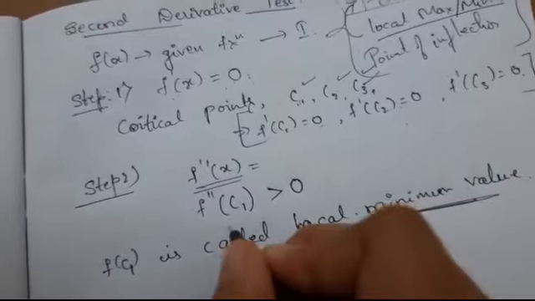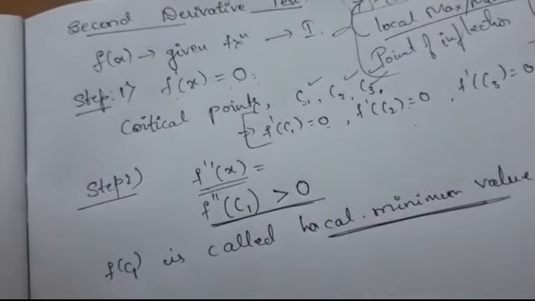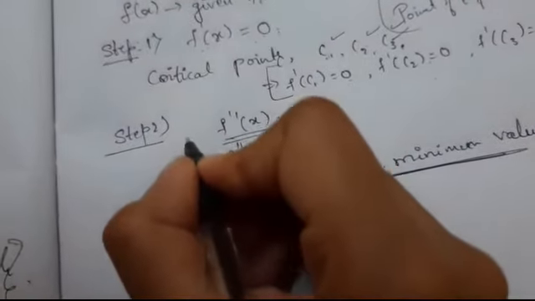Note that one: when f double dash of C1 is greater than 0, f of c is a local minimum value. Suppose this is our case 1.